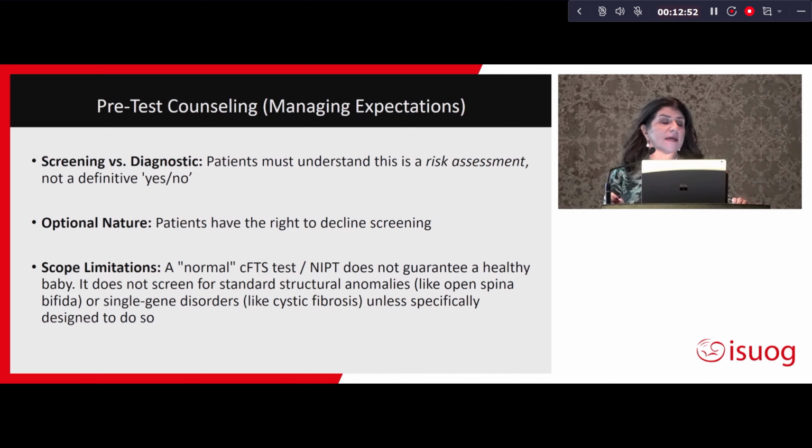They need to understand that this is a screening test, it's not a diagnostic test, none of these tests are, and that it's not a definitive yes or no. Screening is obviously optional, and it doesn't screen for all structural abnormalities, single gene disorders, etc. And so therefore, you still have to do all your other routine care and your routine investigations for the mother. And you must make it very clear to them what the expectations are of the result of your testing.